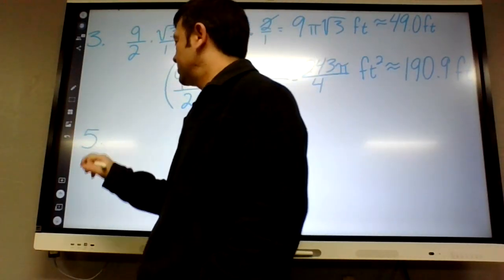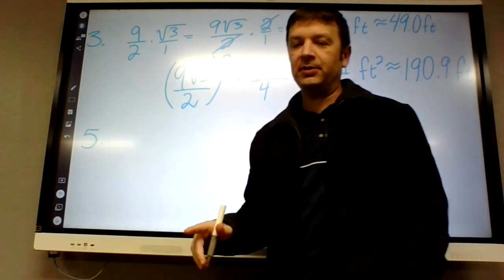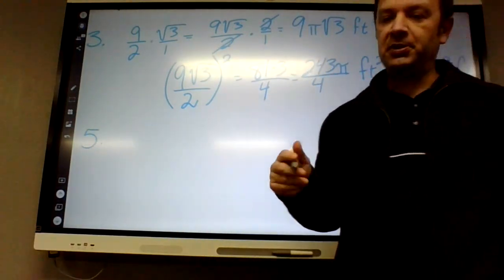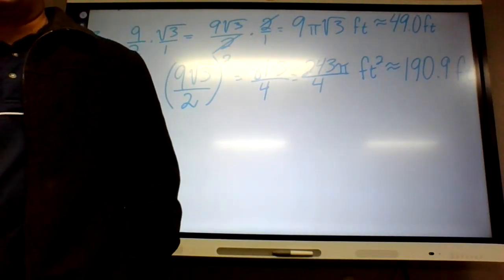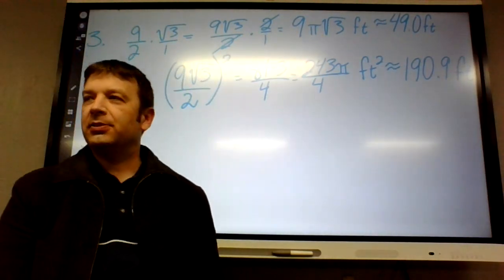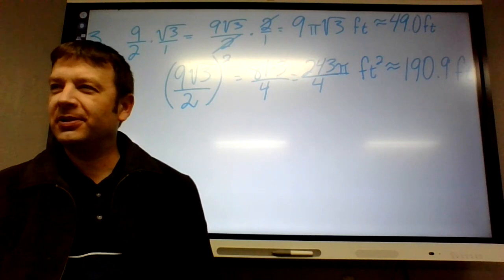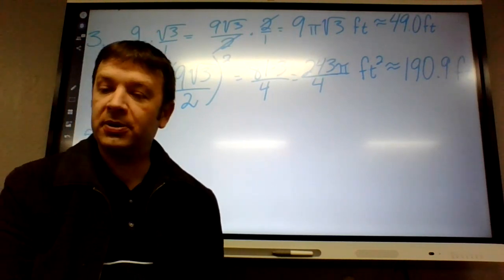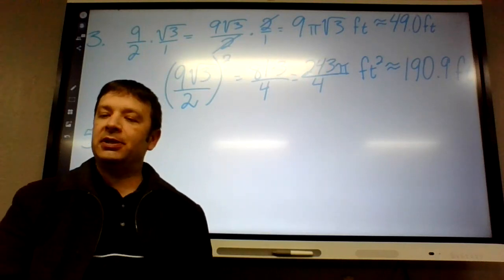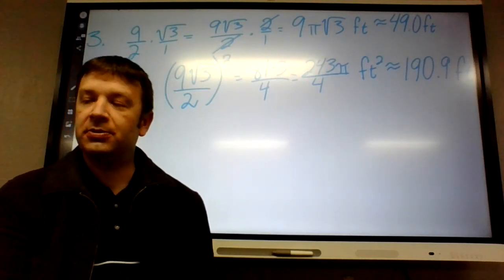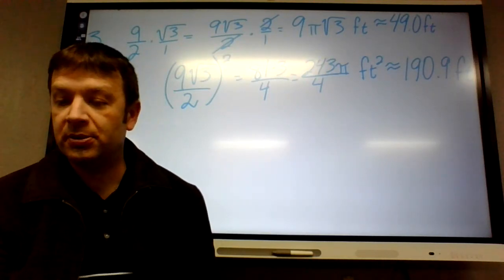Okay. All right. Now we're going to go around the room on these problems. It's like fill in the blank. Okay. So, does anybody want to volunteer to start? I'll just pick somebody. All right, Willow. On number 5, if the diameter is 4, what is the radius? 2.